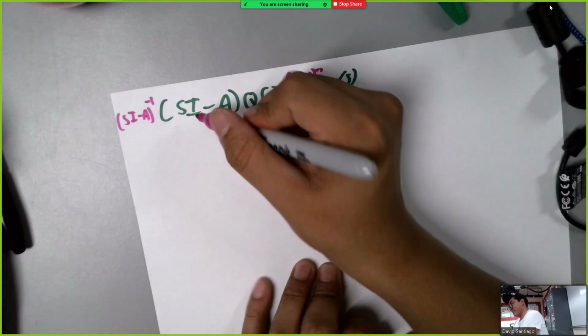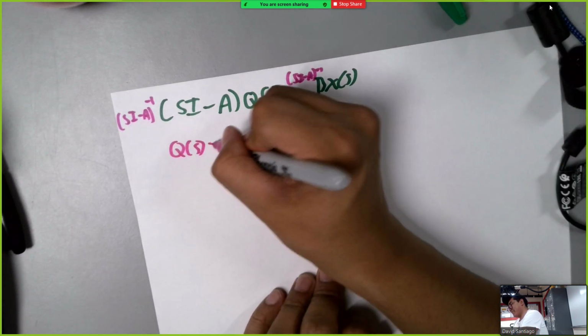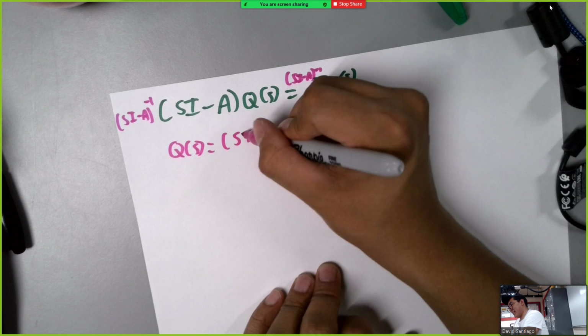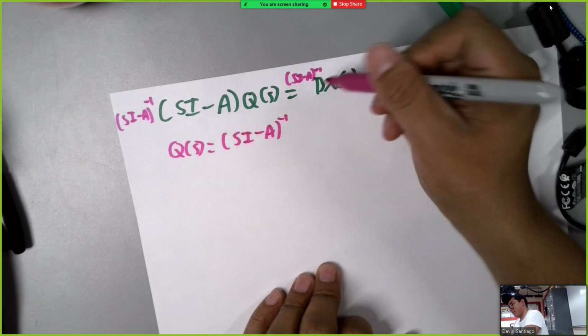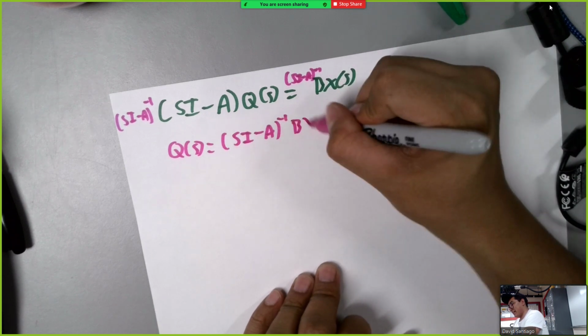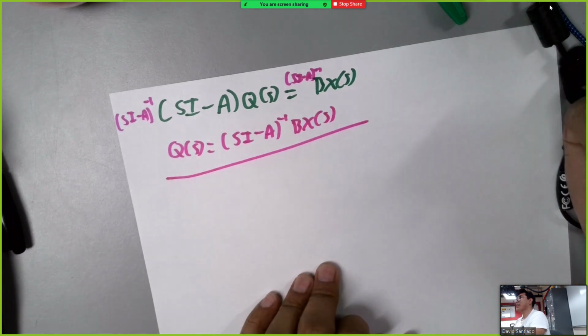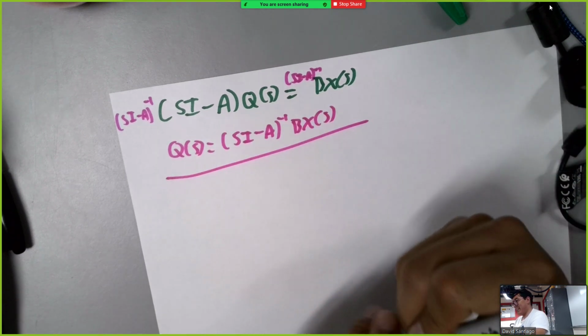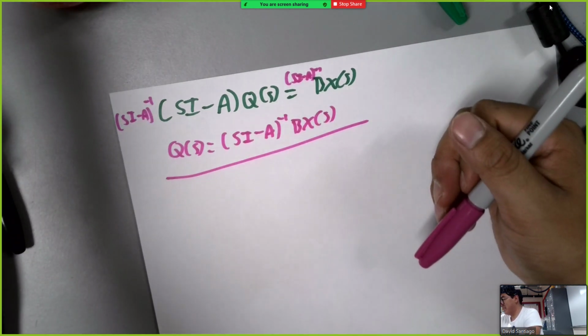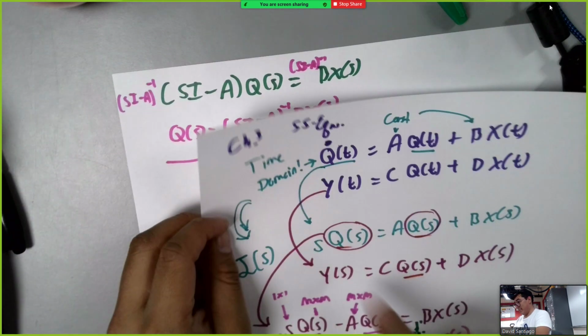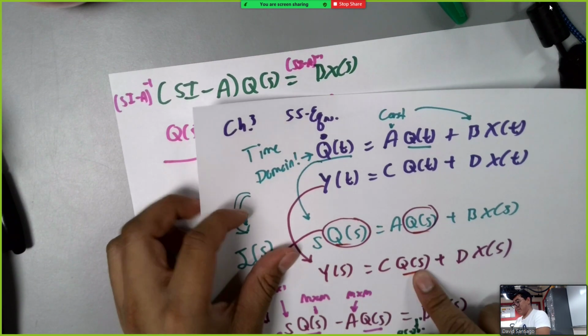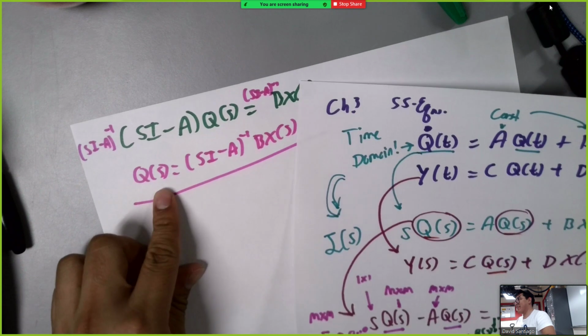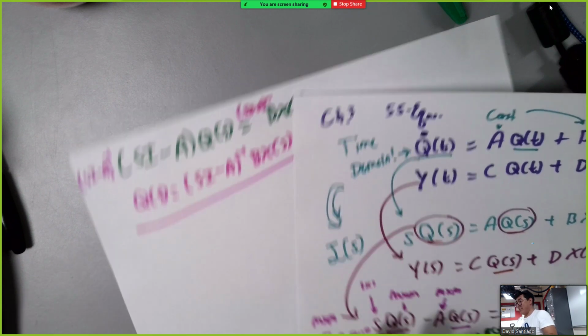There you go. Q of S is equal to S I minus A inverse B X of S. Making sense? All right, and now back to Y of S. We're just gonna punch in that solved equation into here to get the following.